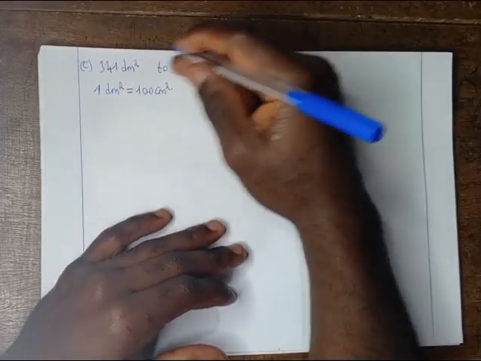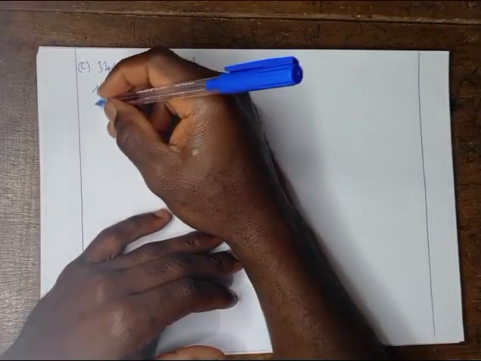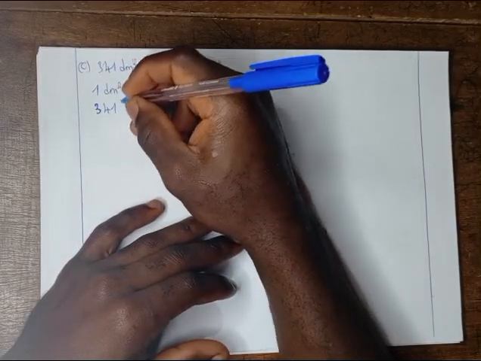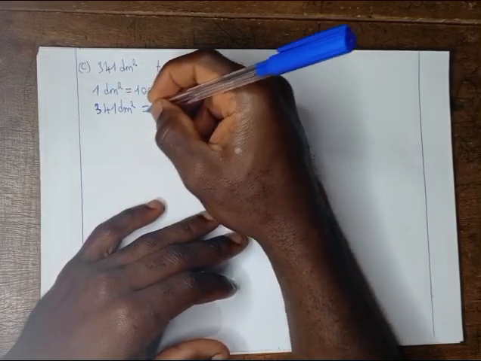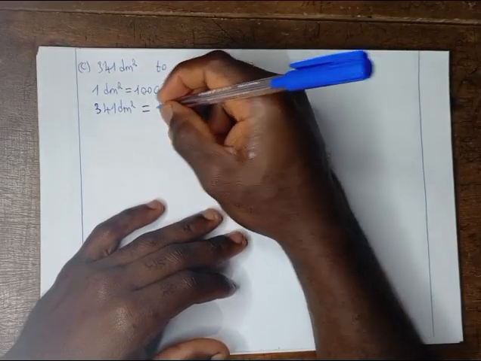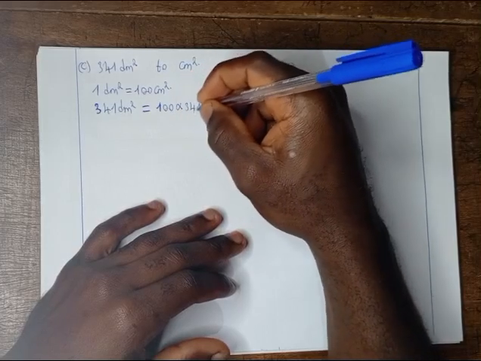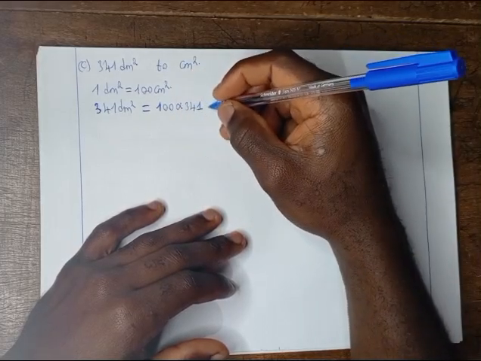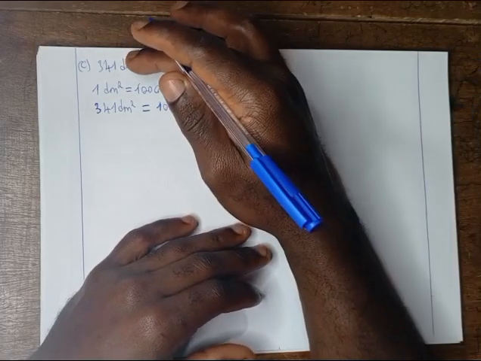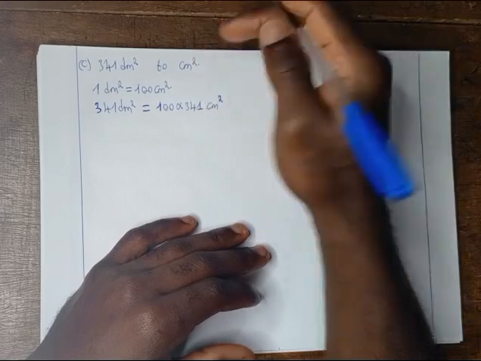For us to convert this, we are simply going to multiply both sides. Let's just go directly, 341 decimeters squared will simply be equal to, we are going to multiply by this constant, 100 times 341, then the new unit will be centimeters squared, because we are changing from a larger unit to a smaller unit.